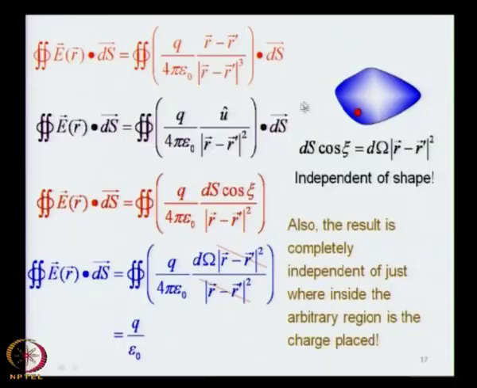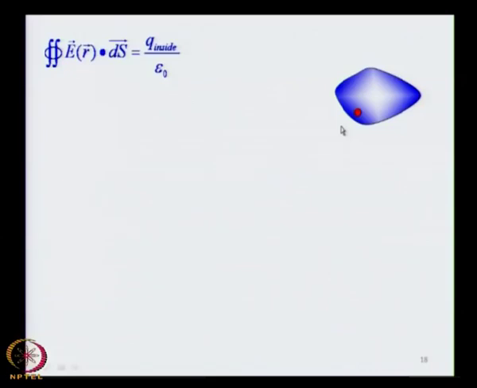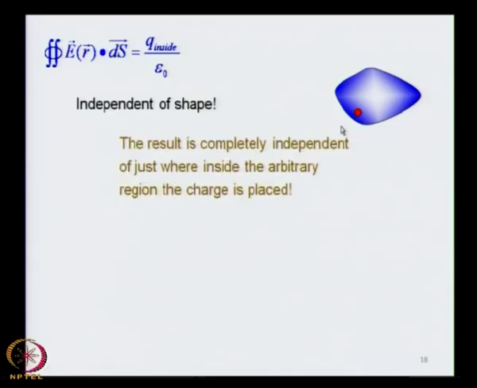So, if you consider a closed surface like this very irregularly shaped object, the charge could be here, it could be somewhere else, it could be anywhere.